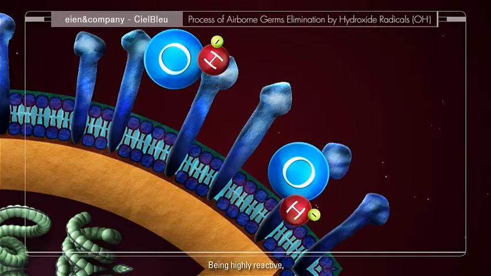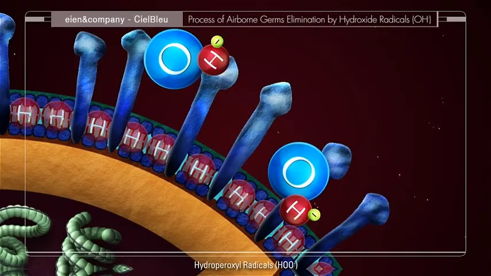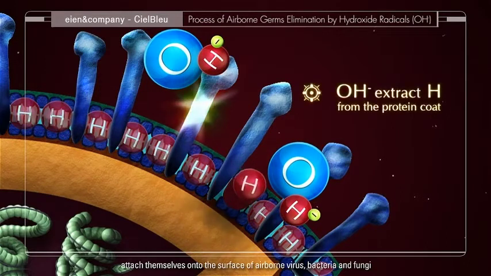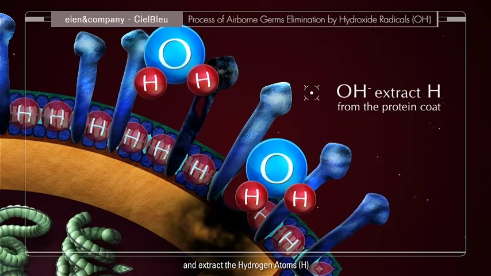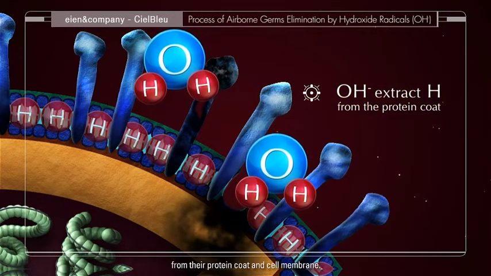Being highly reactive, hydroperoxyl radicals, HOO-, and hydroxide radicals, OH-, attach themselves onto the surface of airborne virus, bacteria, and fungi, and extract the hydrogen atoms, H, from their protein coat and cell membrane.